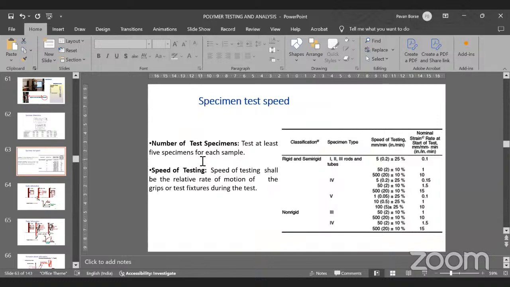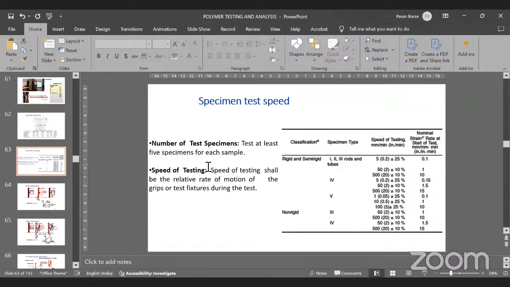Also, as we are testing these polymeric materials with the UTM, the universal testing machine, minimum 5 samples for each polymer we have to test. Because if some sample breaks at sudden instances, we can't consider the results there, so we have to test other samples.